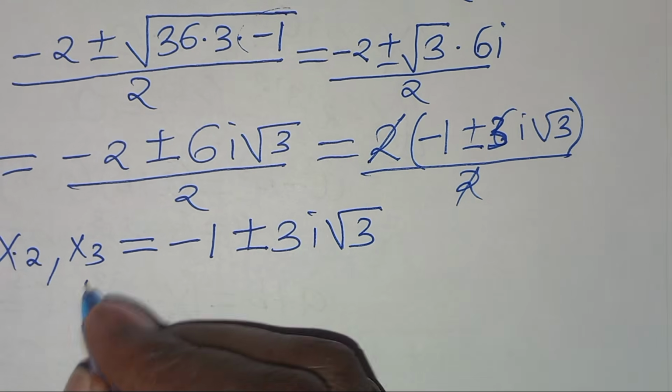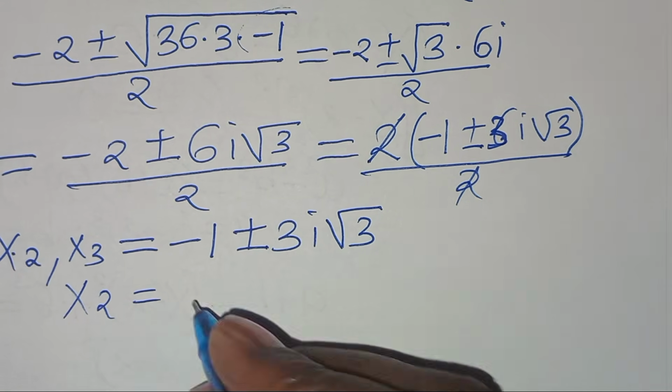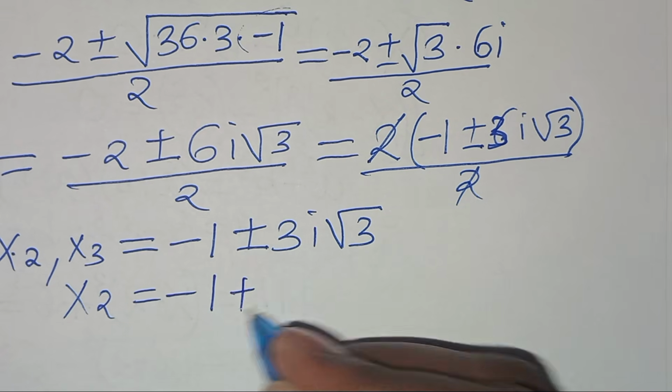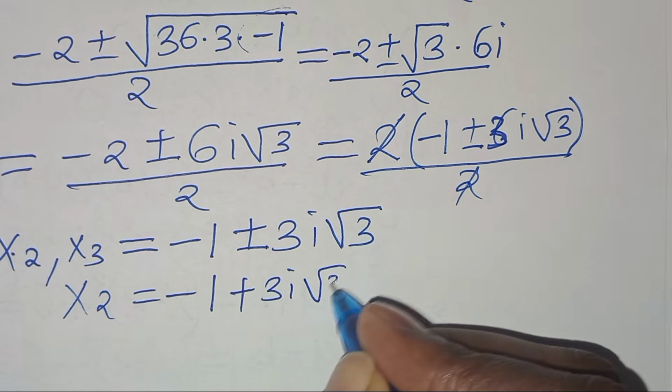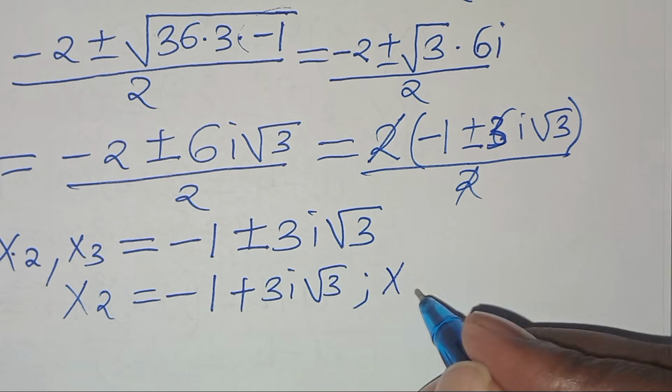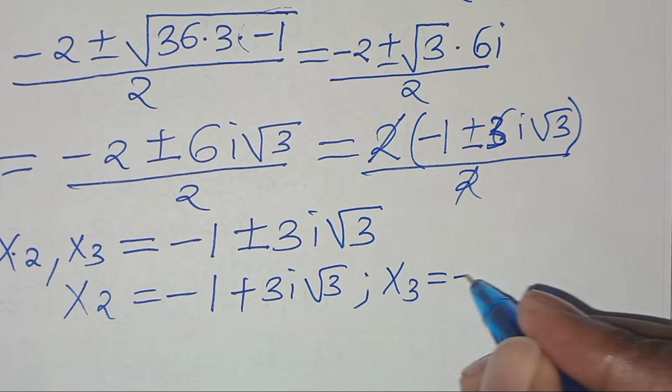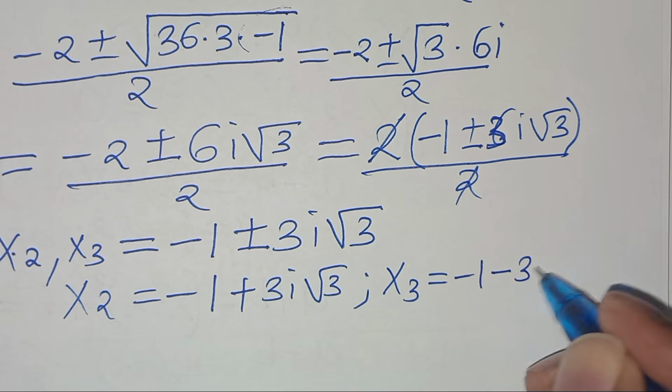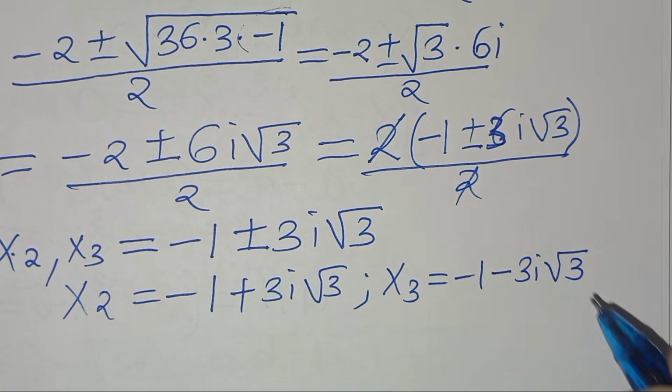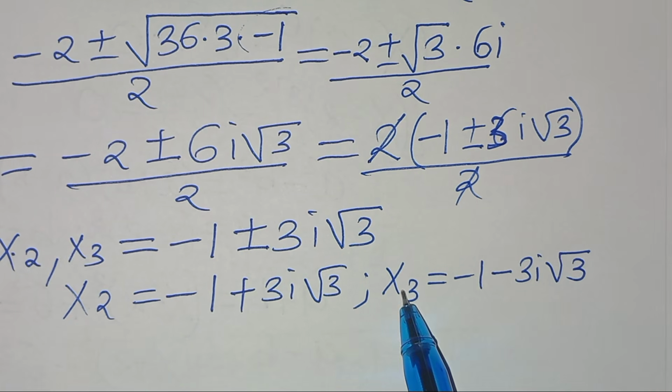So this implies that x2 is equal to minus 1 plus 3i square root of 3, and x3 is equal to minus 1 minus 3i square root of 3. So this is x2 and x3. These are two complex solutions.